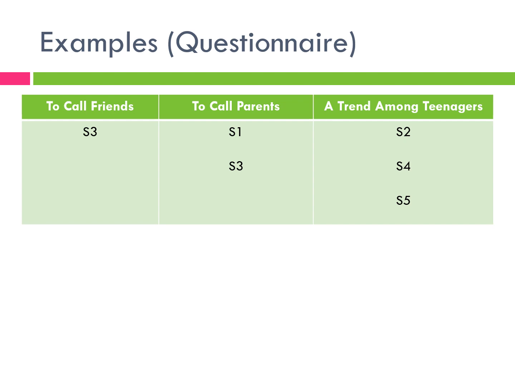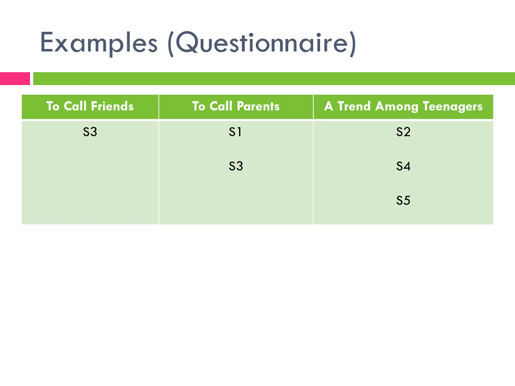If you look carefully, student 3 here can be under 2 different categories. Don't worry about that, because this is qualitative data analysis. You can have overlapping analysis. And then the third category, a trend among teenagers: student 2, student 4 and student 5. So you can have the numbers here.